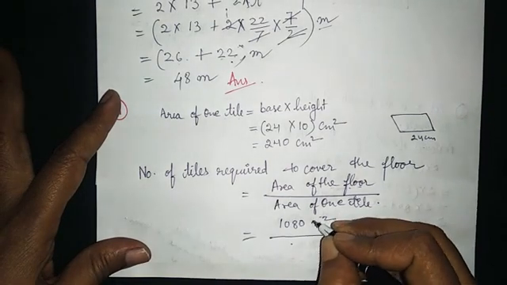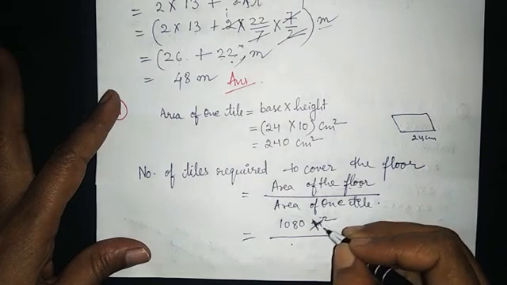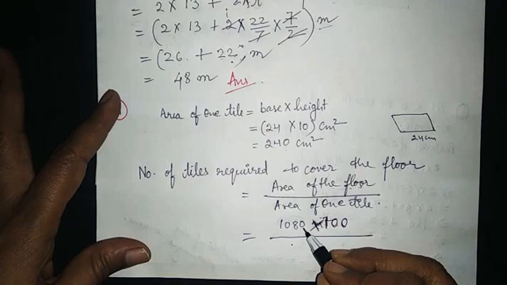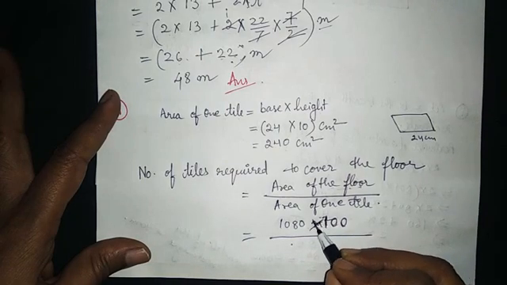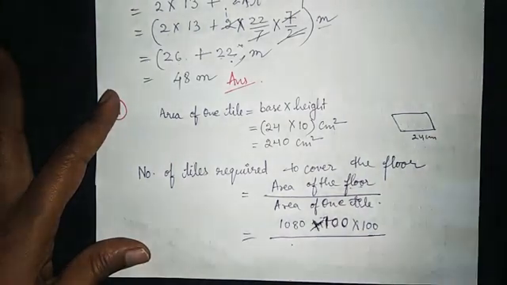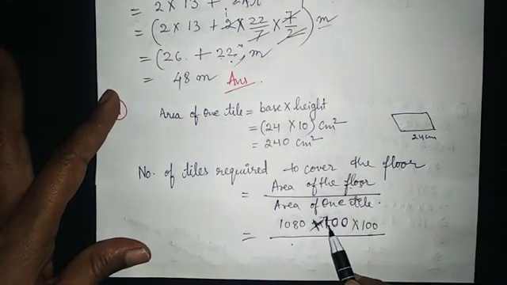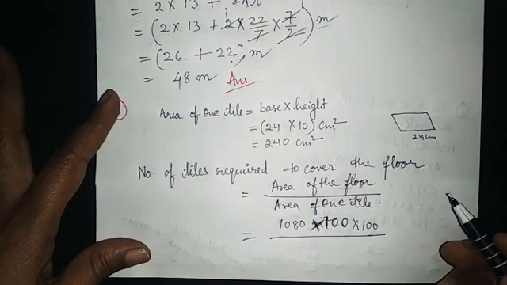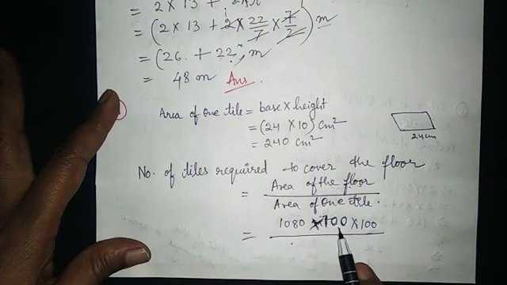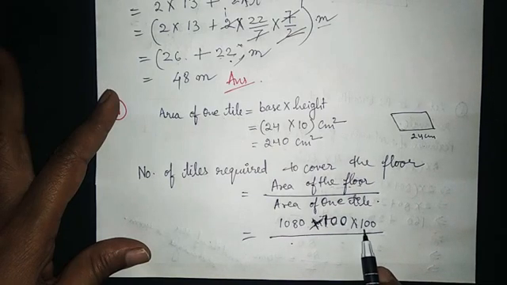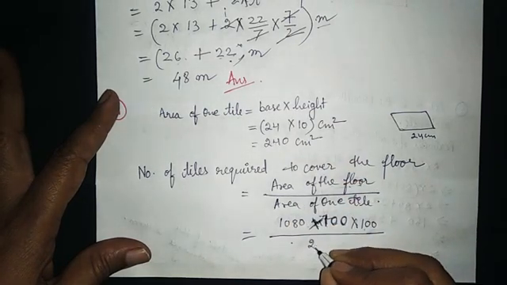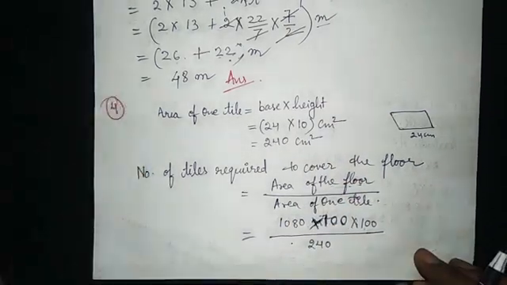For that we will multiply this 1080 by 100 into 100, because 1 meter is equals to 100 centimeter. So here we are converting meter square into centimeter square, so we will multiply 1080 2 times by 100. And now no problem. Here 240 centimeter square we will write.